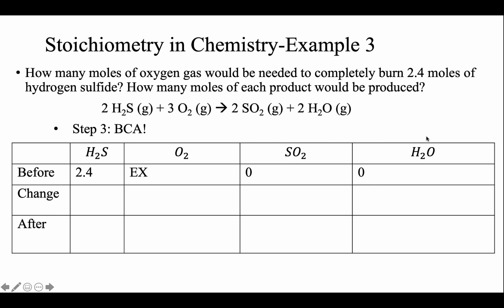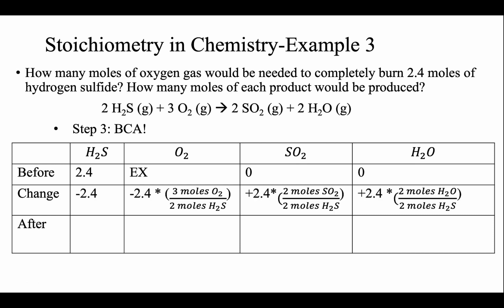And of course, because we haven't started the reaction yet, we will have 0 moles of SO2 as well as water. So what's going to happen here is that, again, during the reaction, the reactants are going to get consumed and there will be products being formed throughout the reaction.